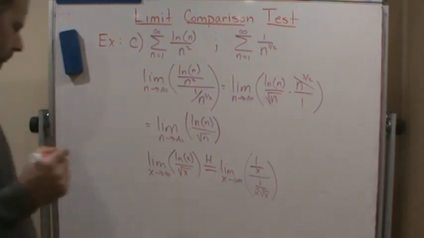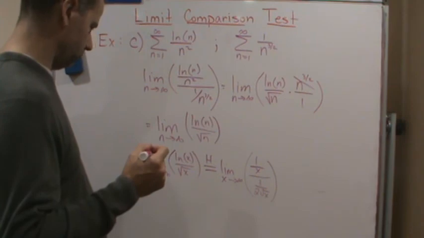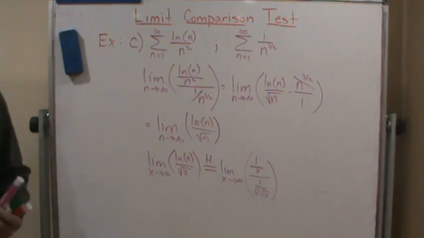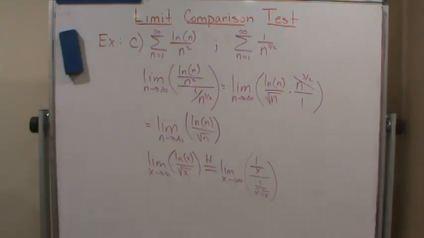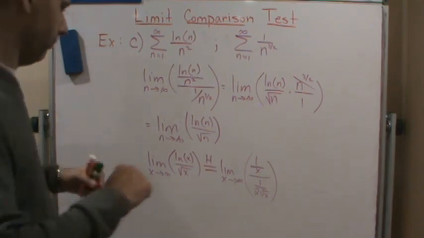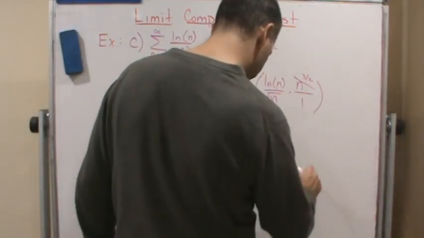Oh, hold on a second. Yeah, that's right. Just want to make sure that was right. Okay, so now we can cancel things out. So let's write it this way.